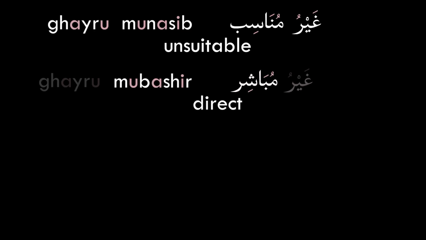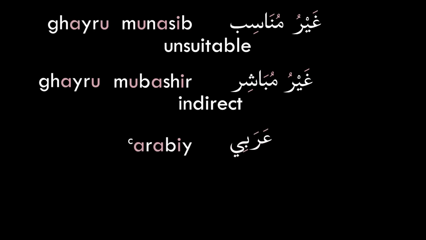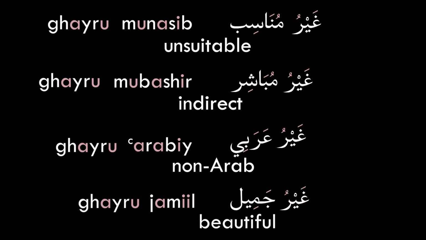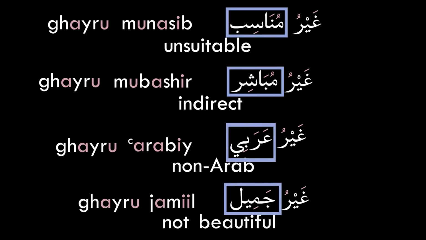For instance, munasib is suitable, غير مناسب is unsuitable, mubashir is direct, غير مباشر is indirect, عربي is an Arab, غير عربي is a non-Arab, جميل is beautiful, غير جميل is not beautiful, and so forth.